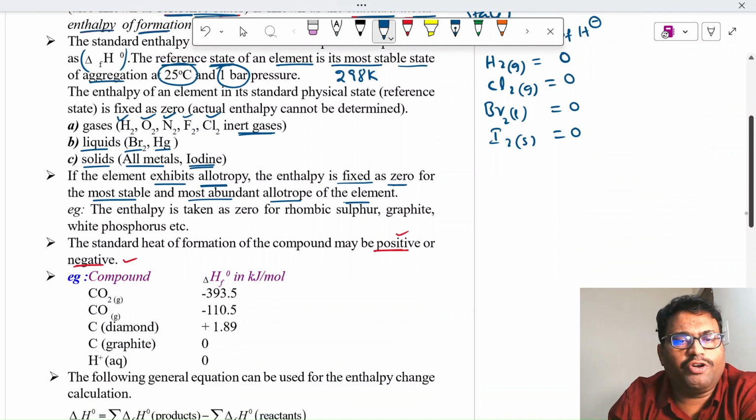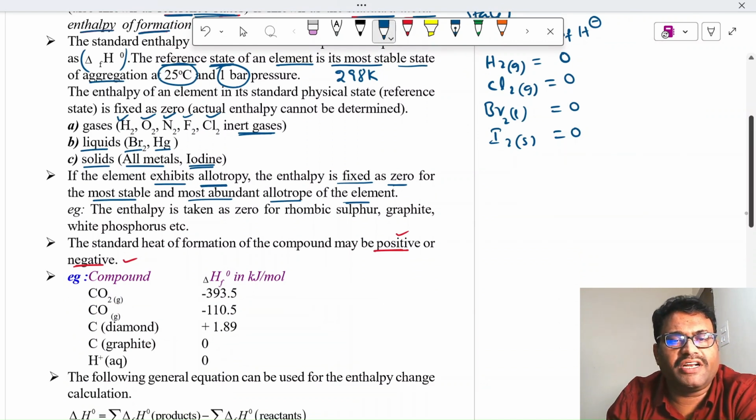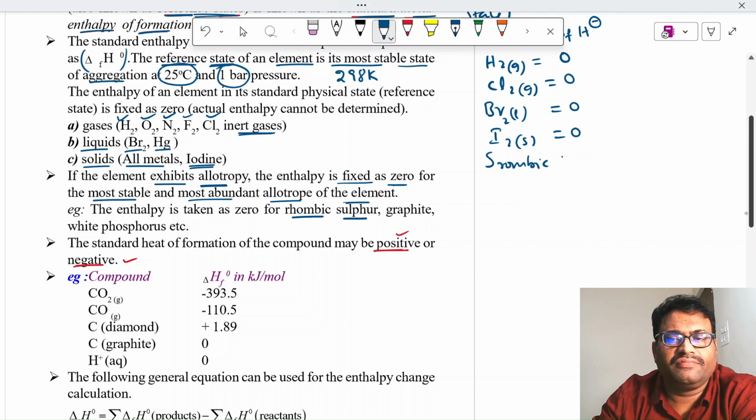When you take allotropic forms, some of the allotropic forms, like rhombic sulfur, standard enthalpy of formation is taken as 0. Because sulfur can exist as rhombic sulfur and monoclinic sulfur, different types of allotropic forms are present. In the same way, for carbon, graphite is found to be the most stable state or reference state.